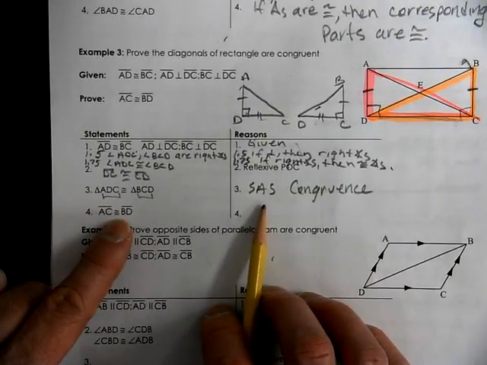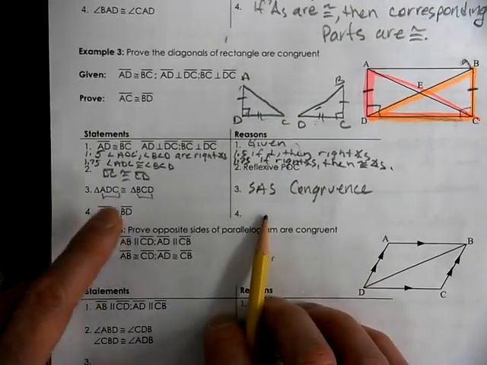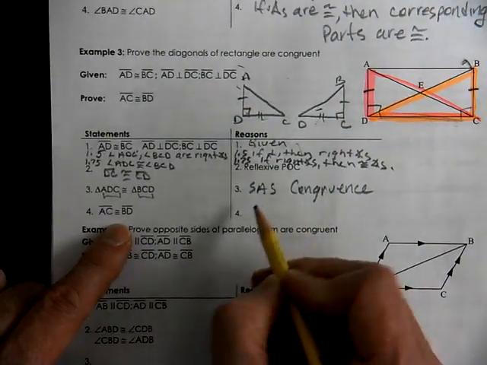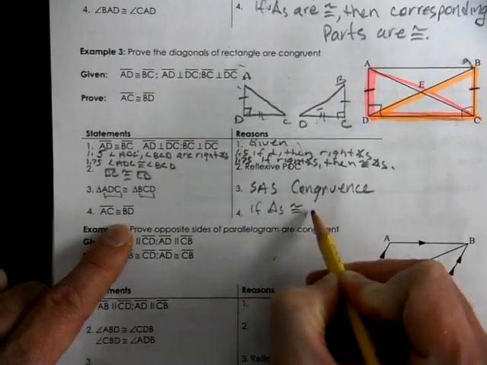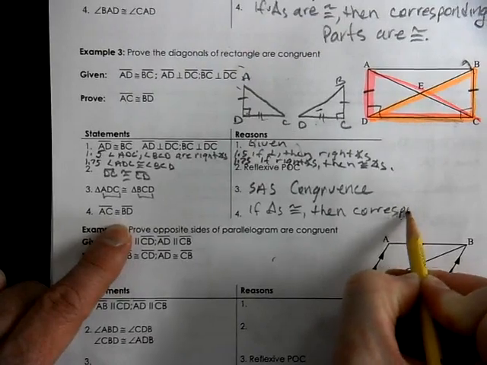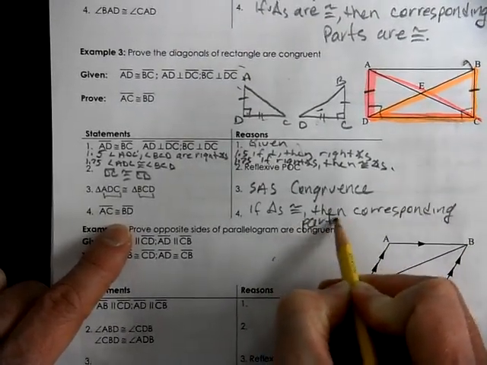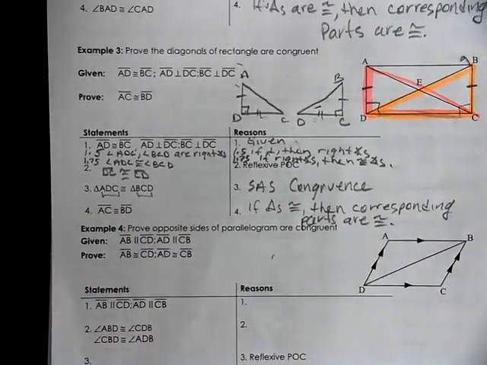What do we put down here? Why are these parts congruent? If triangles congruent, then corresponding parts are congruent.